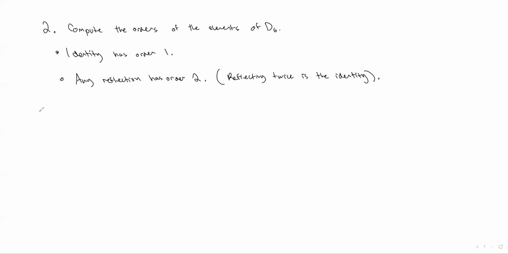So all that's left are the rotations. And I already did the identity, so there's only 5 rotations, and I could just look at them individually and tell you all the orders. I think it might be more useful if I just told you a general way of finding the order of a rotation in Dn.